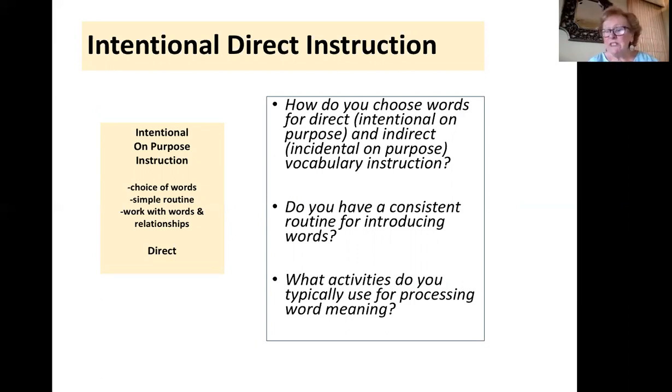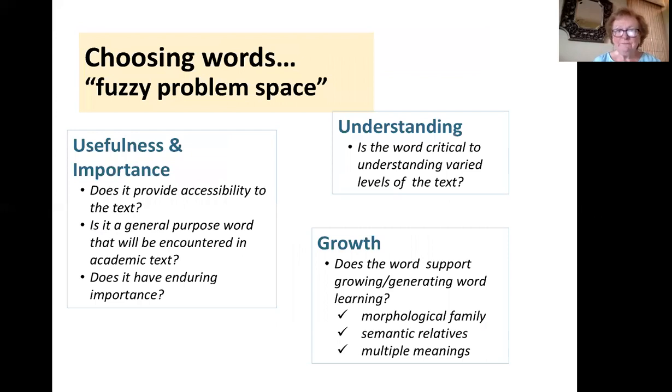So we need a routine, a simple routine initially for introducing the words, and then a more complex routine for providing the processing and practicing. So what activities do you typically use for processing word meaning? So considerations then listed on the left here in the highlighted box, right? And then questions that we can be continually asking ourselves in terms of the design and delivery of instruction.